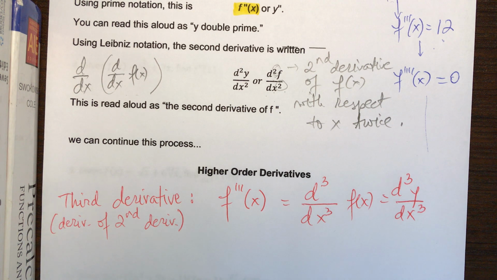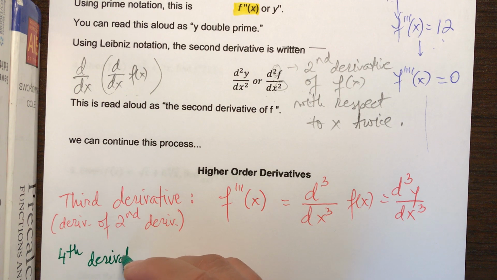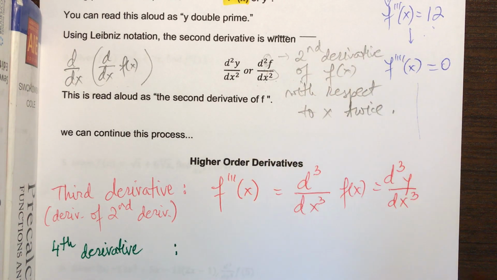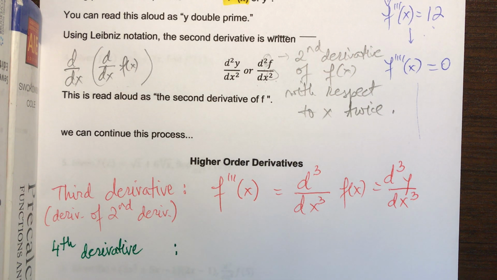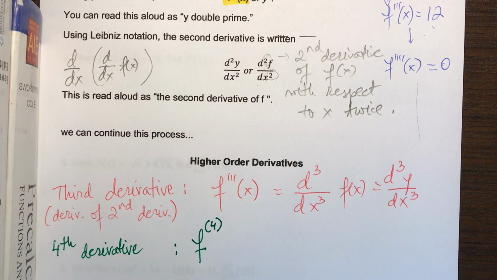Can we move on? Sure enough, we can take the fourth derivative. Now, the thing is, I did write 4 primes up here, but it just starts getting crazy. Just imagine the 10th derivative. Your eyes are going to cross if you're going to try and read how many primes are on top of f. So really, what's actually happening after this is that we're going to just start putting numbers.